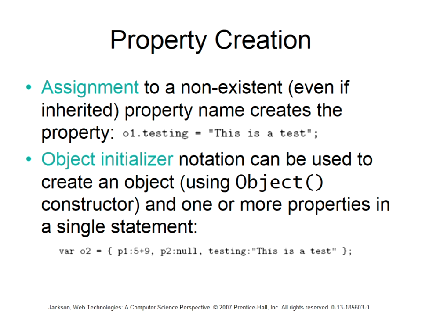Object initializer notation can be used to create an object using the Object constructor and one or more properties in a single statement. So this is a second manner to create an object. Variable o2 equal p1: 5 plus 9, p2: null, testing: "this is a test".